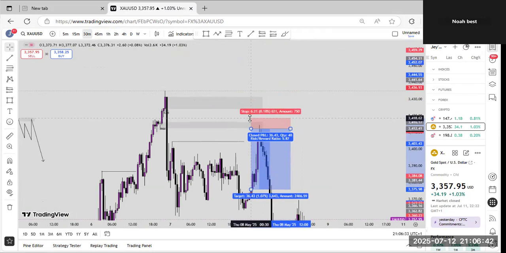But if we picked our entry from that 4 hour zone, you see that our SL will be very, very big because we are trying to place our SL above the highs.